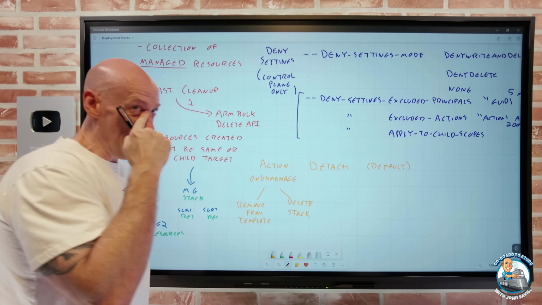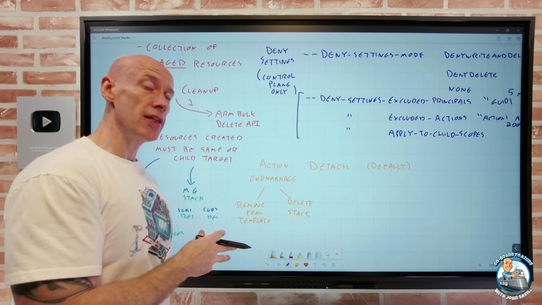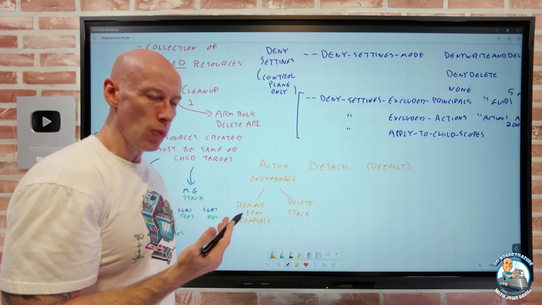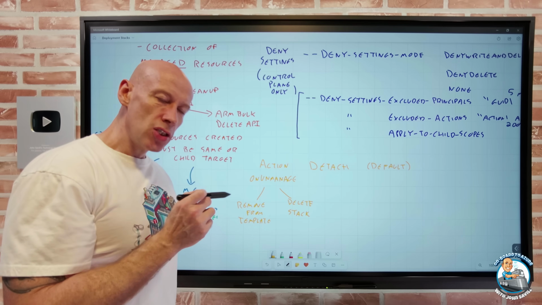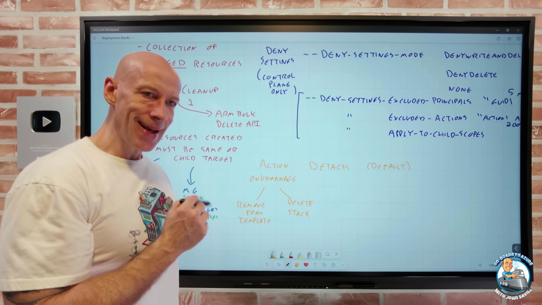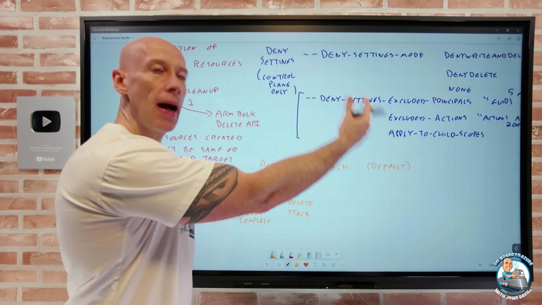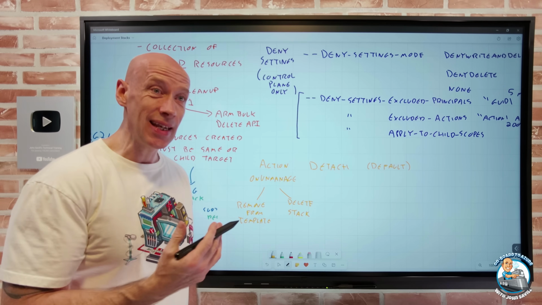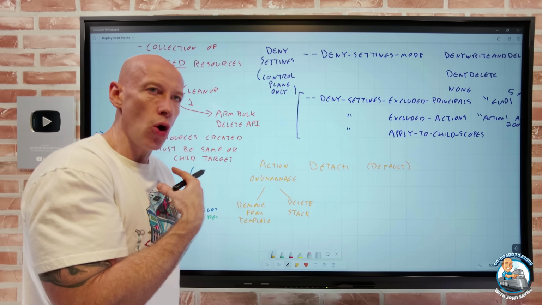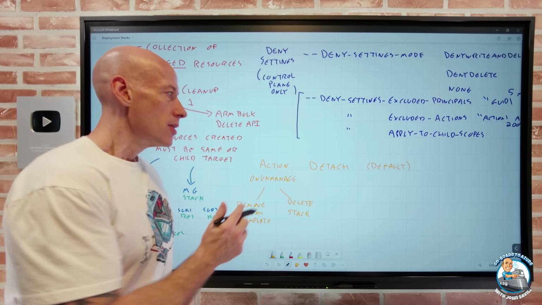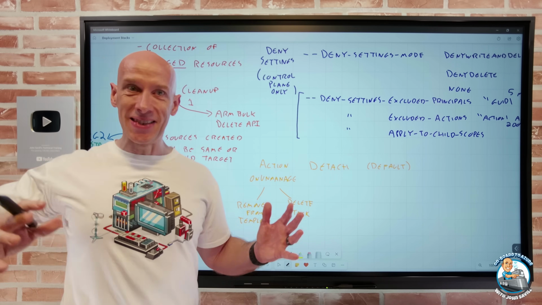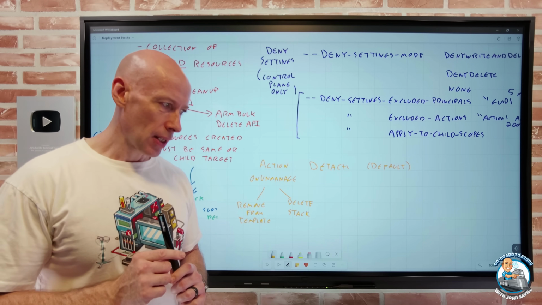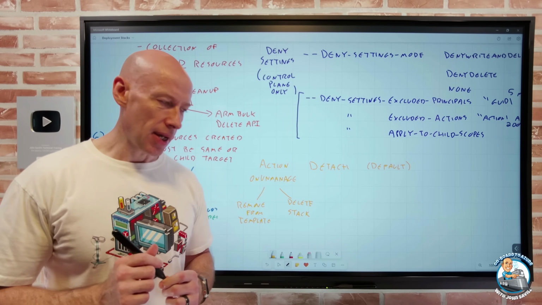So if I had a template and I removed a resource, then I rerun the AZ stack group command, whatever it is, the resource that is no longer defined in that template would now just become an unmanaged resource, i.e. it's just a regular ARM resource, it doesn't get deleted, it just falls out of the scope of the stack. So that will be the default. That's the safest thing. You're not accidentally going to delete a bunch of things because you took it out of the template. But I can change that behavior.